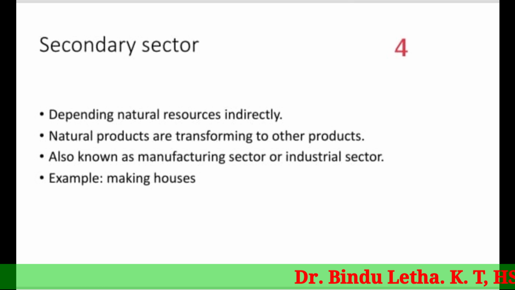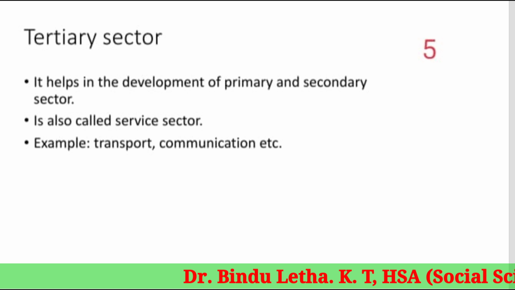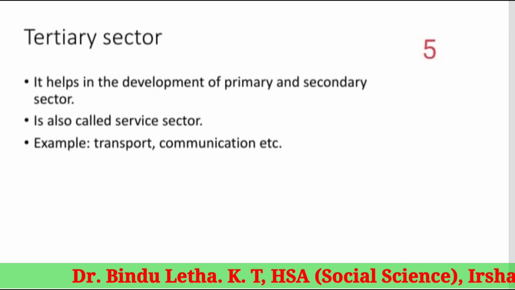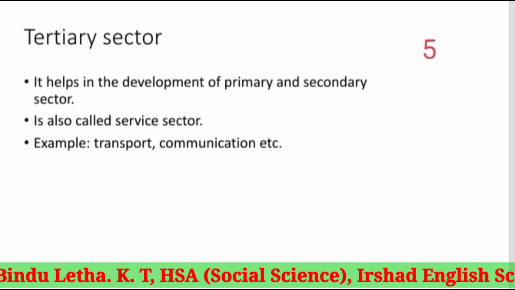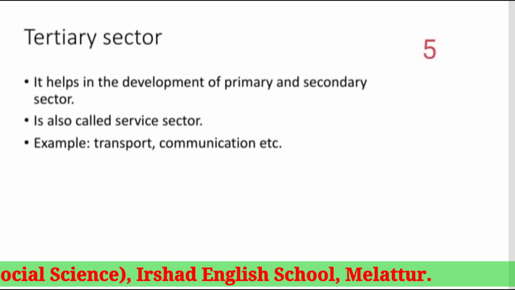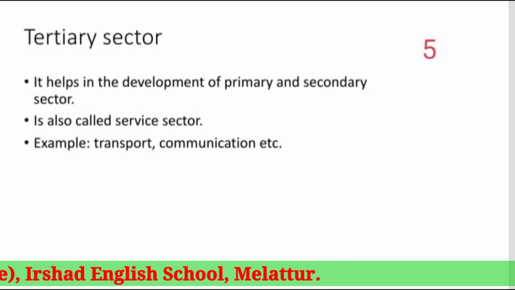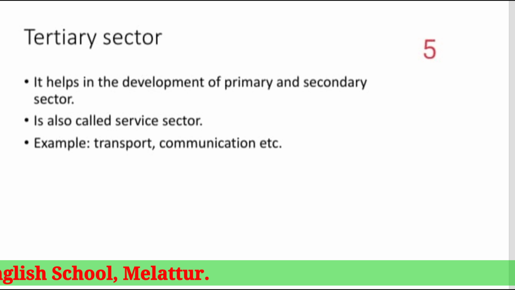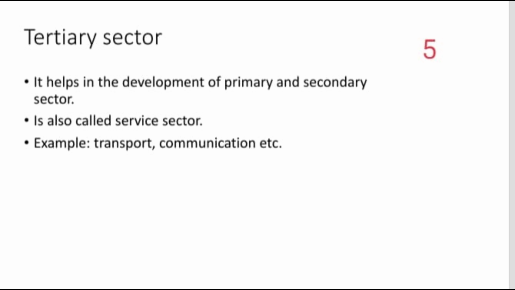For example, the weaving of clothes. The next one is the tertiary sector. It helps in the development of the primary and secondary sectors. It is also called the service sector. For example, transport, communication, banking services, etc.